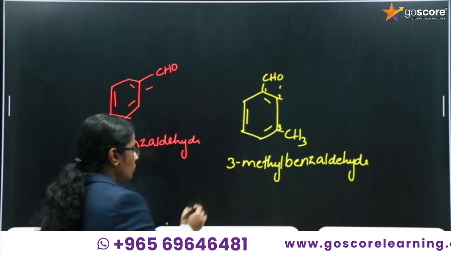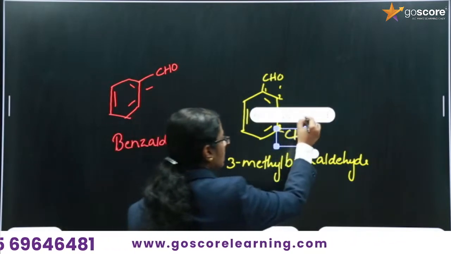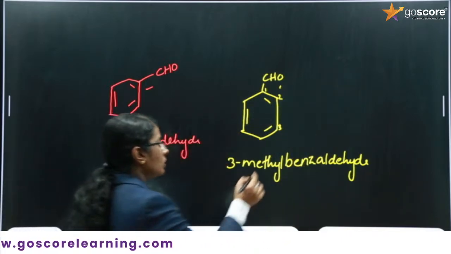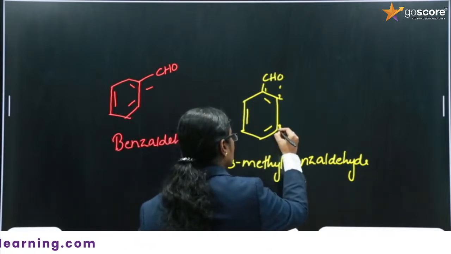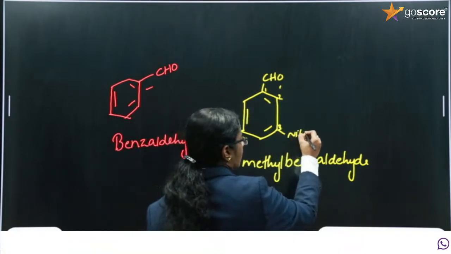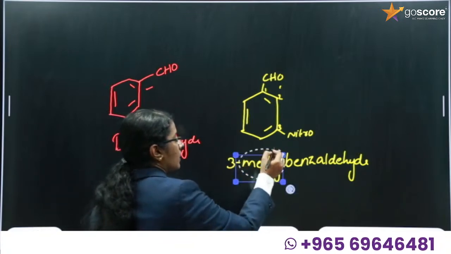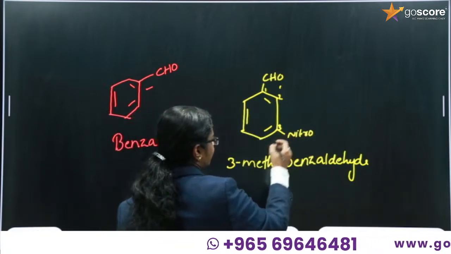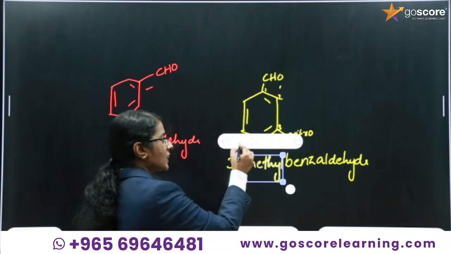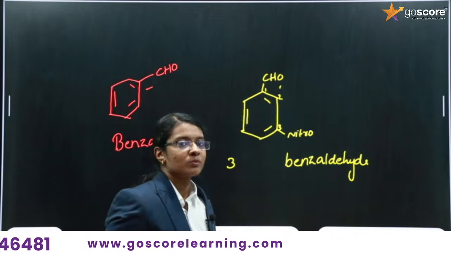Instead of the CH3 group, suppose there is a nitro group. What will be the IUPAC name of this compound? What is the formula of a nitro group?